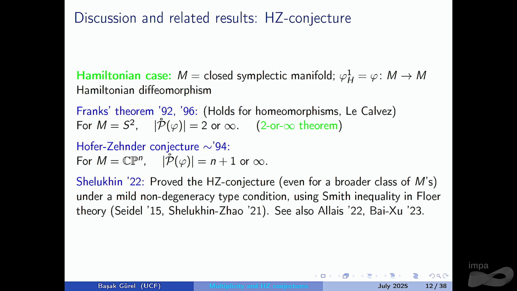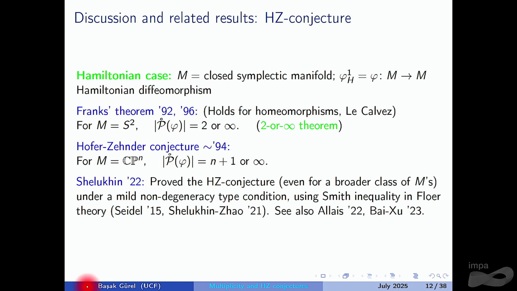And then Igor essentially proved this conjecture, even for a broader class of closed symplectic manifolds. A main tool here was the Smith inequality. This goes back to the work of Seidel, and then it was developed further by Shelukhin and Zhao.